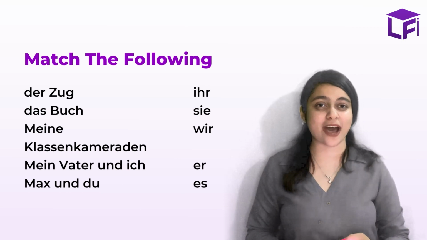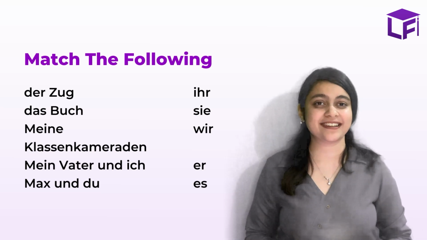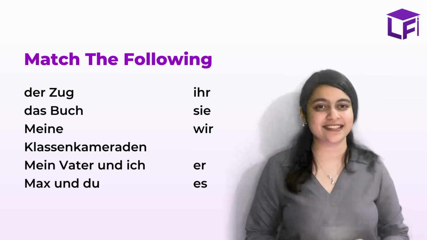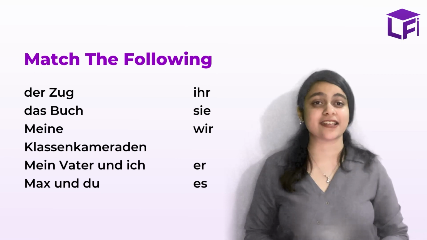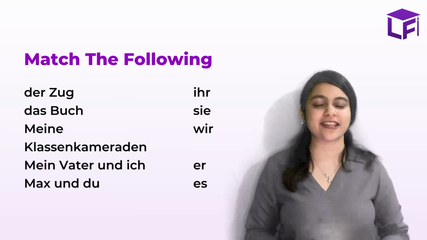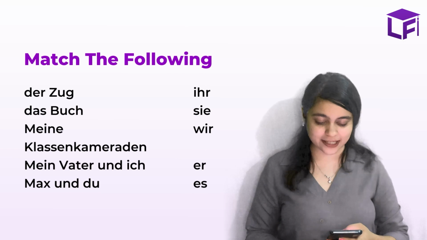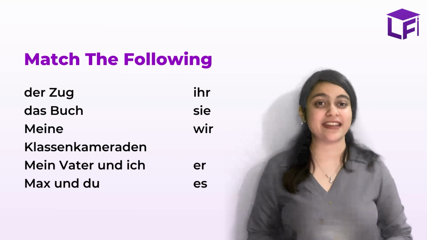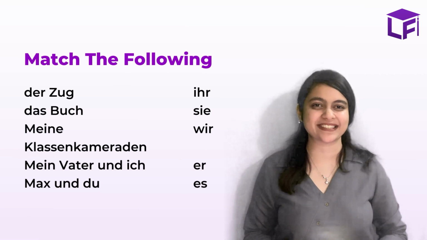So the first noun in the list is der Zug, which means the train. The second one that we have is das Buch, which means the book. Okay? And the third noun for us is meine Klassenkameraden, which means my classmates.